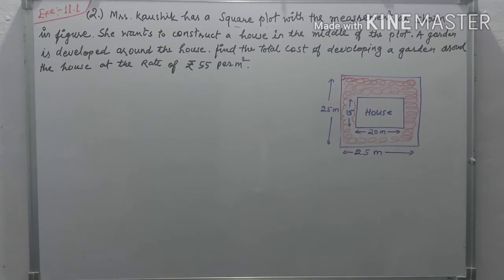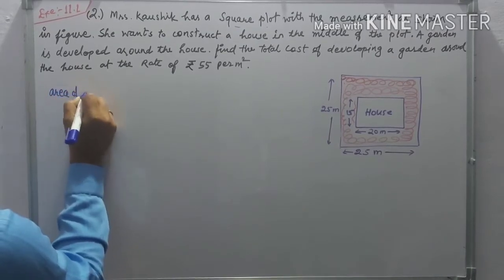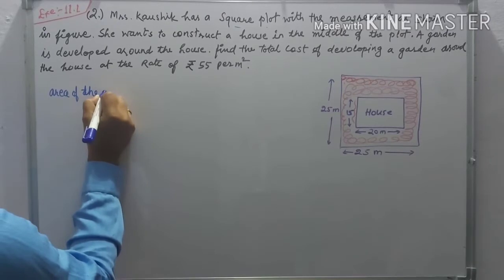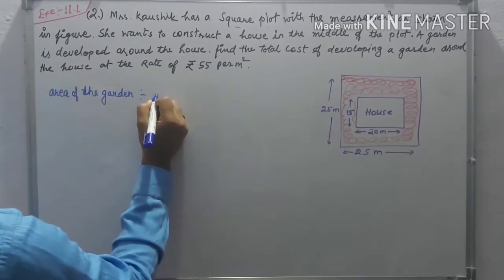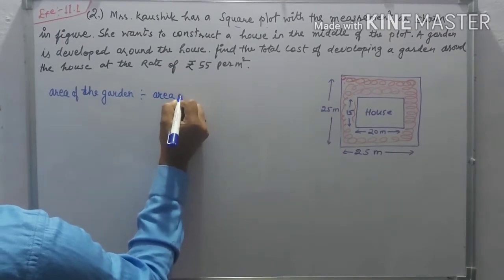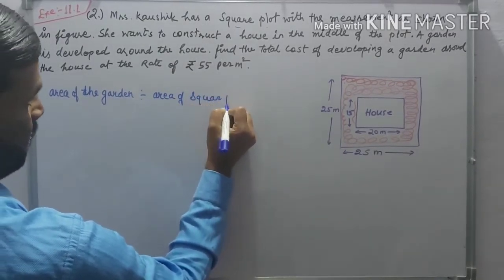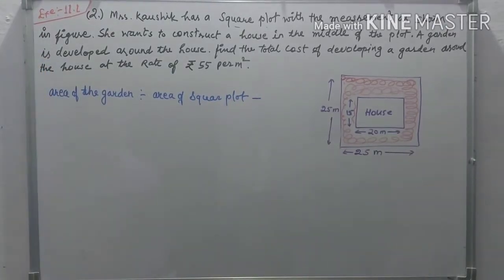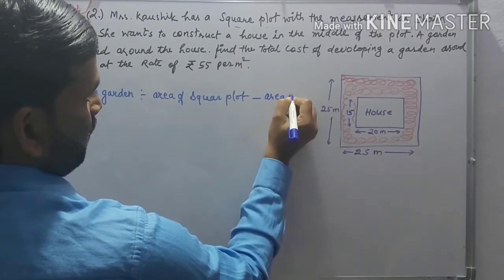Now write the area of the garden. Area of garden is equal to area of the square plot minus area of the house.